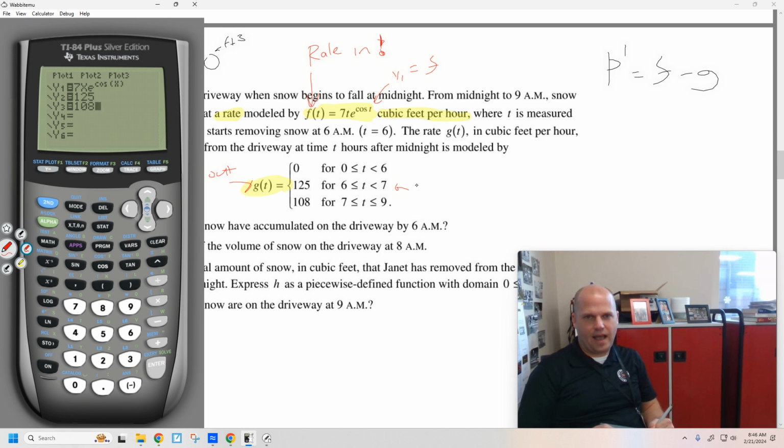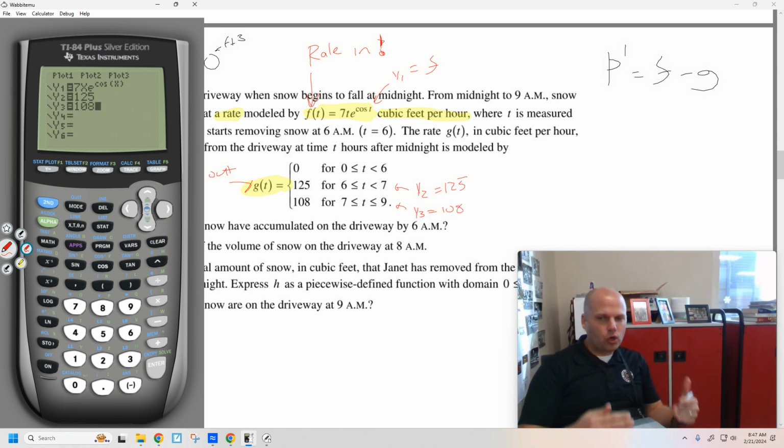I hope we understand that. We're going to say 125 is y2. We're going to say 108 is y3. Now, you could look at rate in minus rate out, F minus G. If they're going to ask you about a rate of change, whether things are increasing or decreasing, we could look at y1 minus y2.